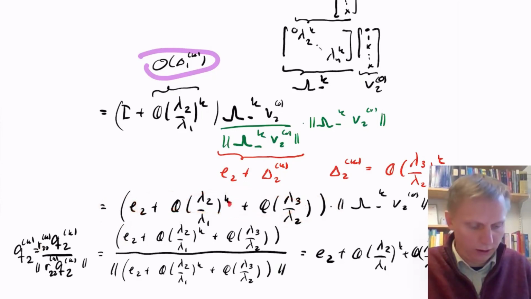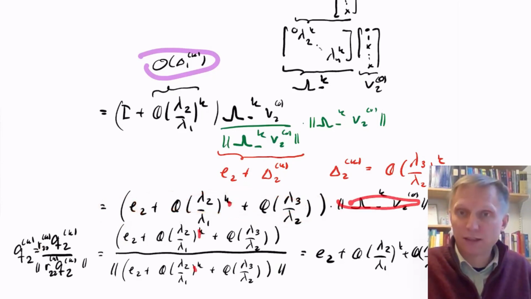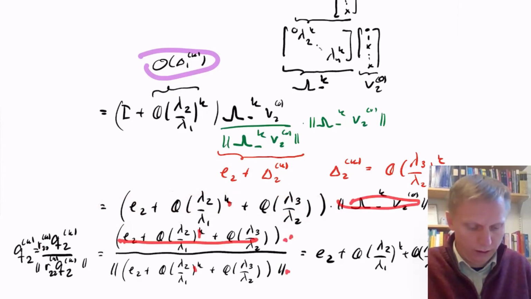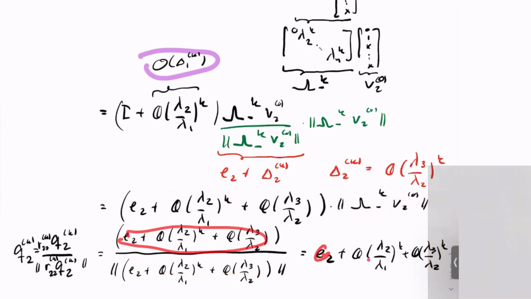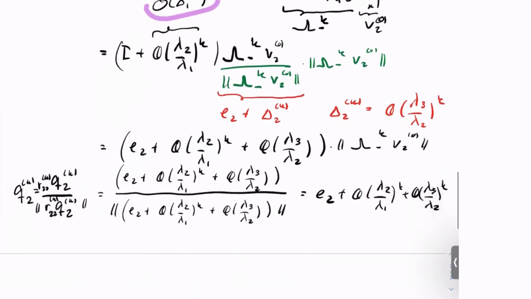We insert that in the numerator and denominator, and since that's a scalar term, it cancels. So here we have E2 plus some error term that goes to 0, divided by the normalization, so E2 plus some error term. This approaches E2 with the same speed as this here. So we've shown that Q2 approaches E2 with the speed determined by these quotients. And now you can continue this with Q3, Q4, and so on.